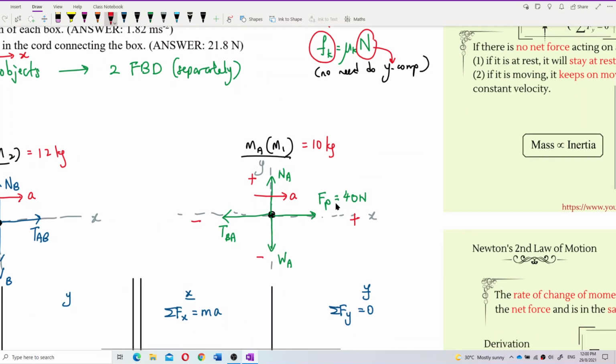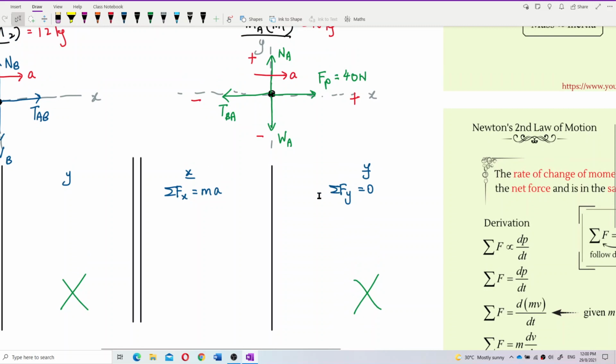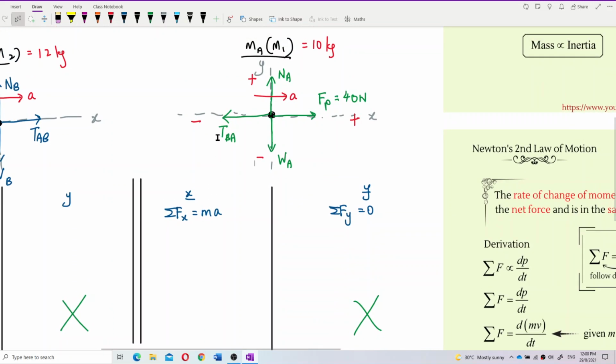So now let's go back to the x component. For x component we have this Fp, the pulling force, which is positive, and then tension is negative.